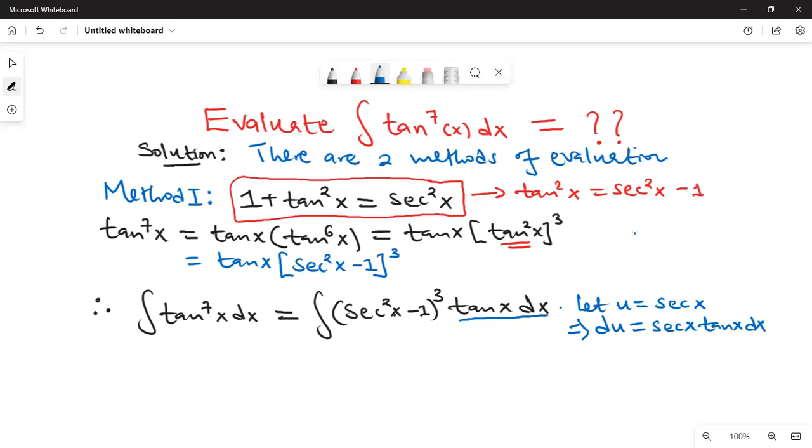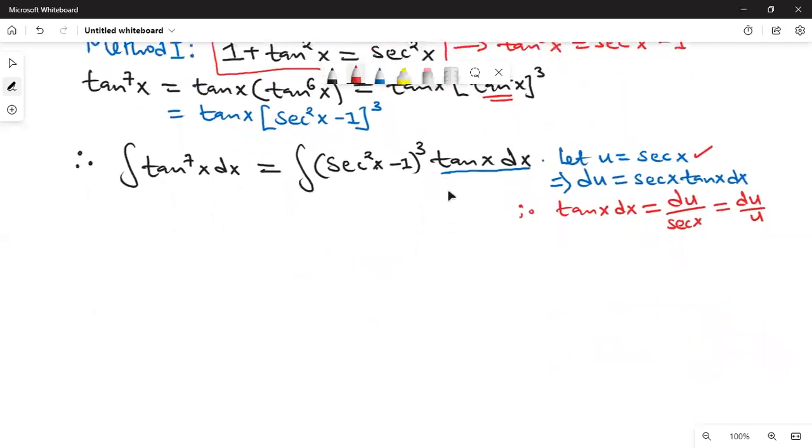From here, we see that tan x dx is the same as du over sec x. But what is sec x? That is the same as u. So this can be written as du over u. Now let's go back to our integral on the right hand side.